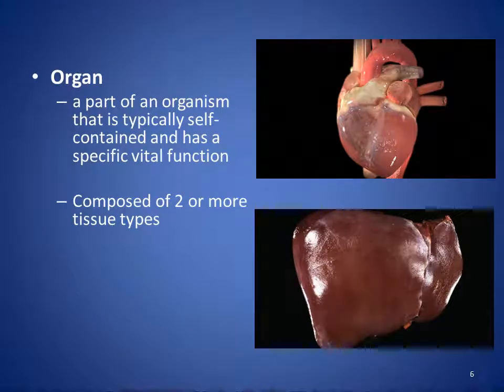As previously stated, organs are composed of 2 or more tissue types, and these tissues come together to form a common function or a common group of functions. Typically, an organ is a part of an organism that is self-contained and has vital functions. Here we see the heart and the human liver.